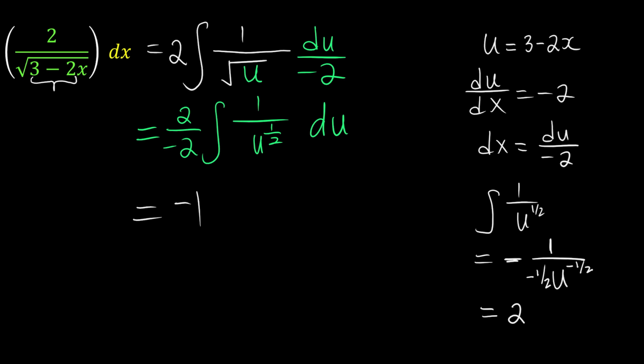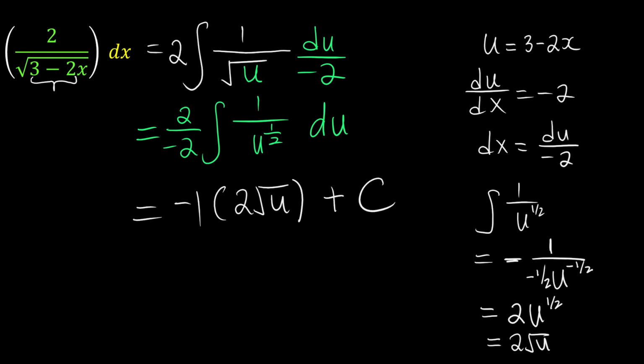So if you bring it up, it becomes u power of half positive. This is why we have 2 square root of u. So we can say that the integration of it is just 2 square root of u plus c. Then don't forget, in the end, we're going to replace u with x again. So we're going to have negative 2 square root of 3 minus 2x plus c, and we are done.